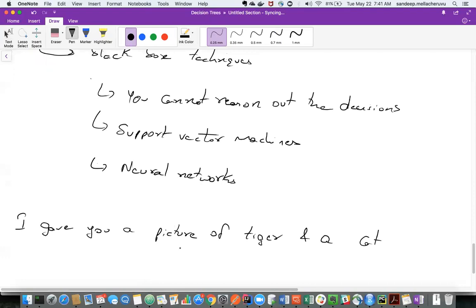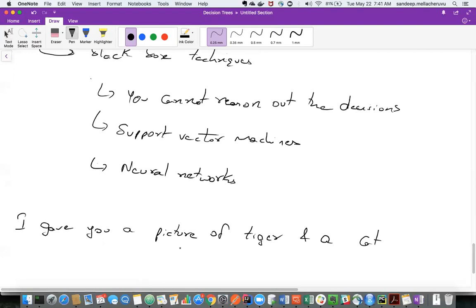One picture is of a tiger and another is of a cat. Now, I asked you to identify, and you correctly identified which one is tiger, which one is cat. That is okay. But then I'll ask you, what is the reason you identified this as a tiger? Or what is the reason you identified this as a cat?